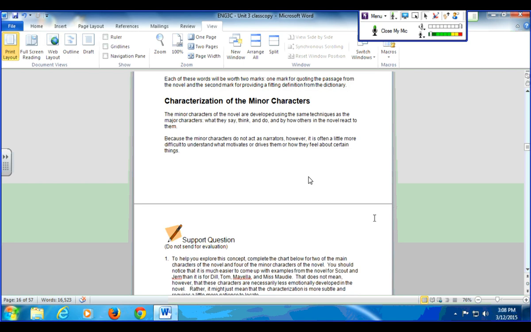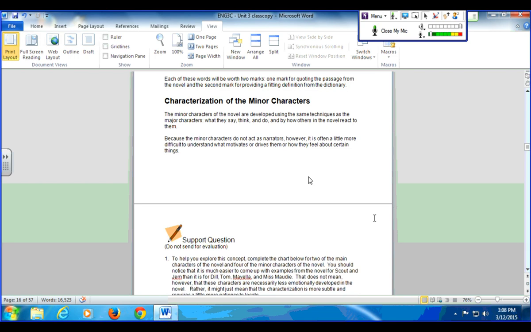Now, because the minor characters do not act as narrators, however, it's often a little more difficult to understand what motivates or drives them or how they feel about certain things.